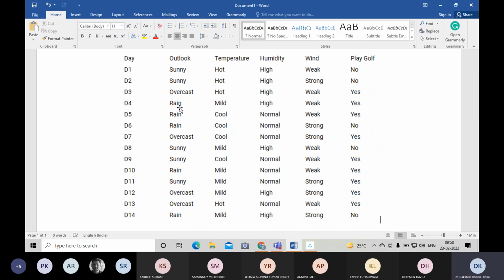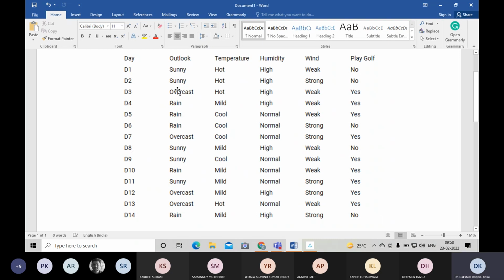How can we make the subset? How many rows are found for the outlook value sunny?